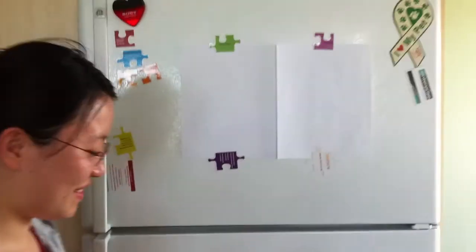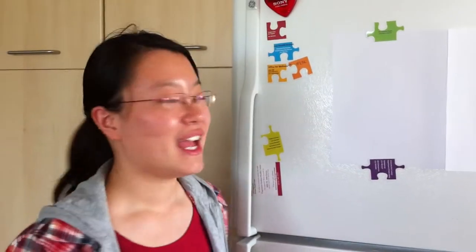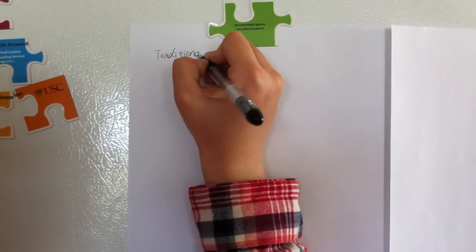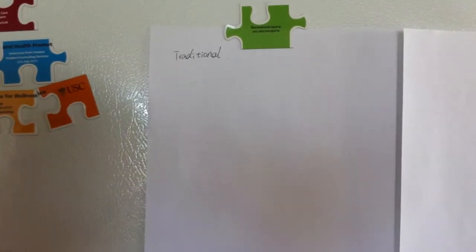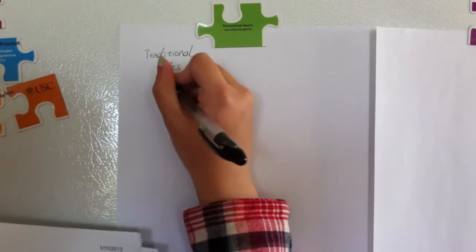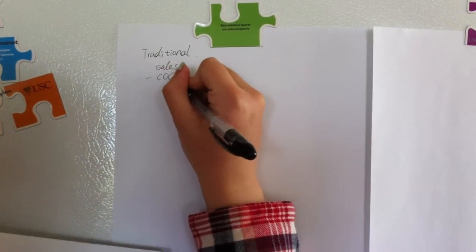Okay. So today we are going to talk about cost, volume, profit analysis. And first of all, let's introduce two important income format statements. The first one is called the traditional. And it equals sales minus cost of goods sold.